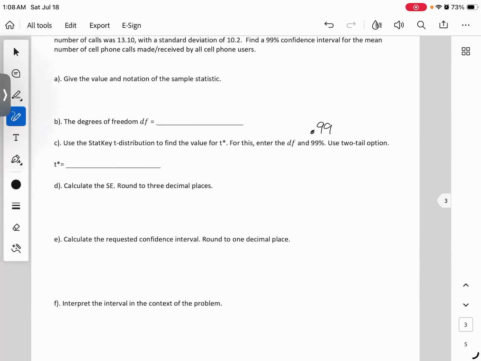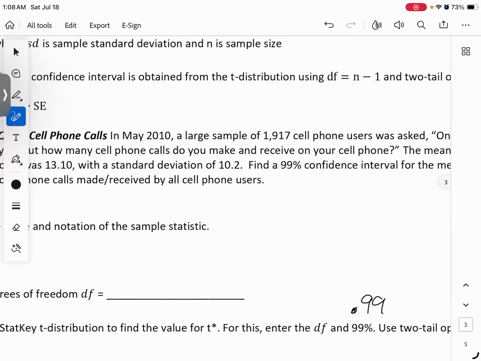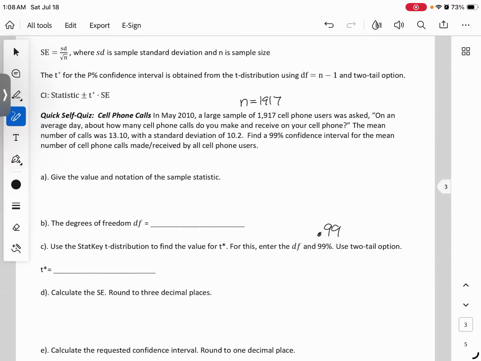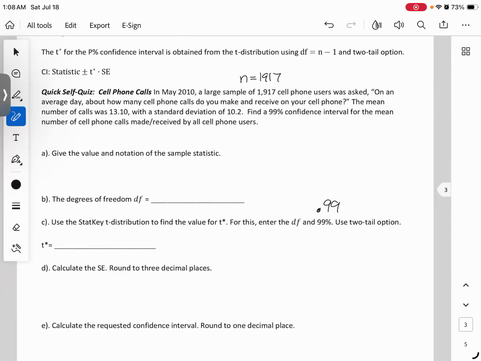So here, let's at least do the beginning of this one together. It was a large sample of 1917. And remember, the t distribution is good for small sample sizes, like things less than 30, but it still works perfectly fine for big stuff too.